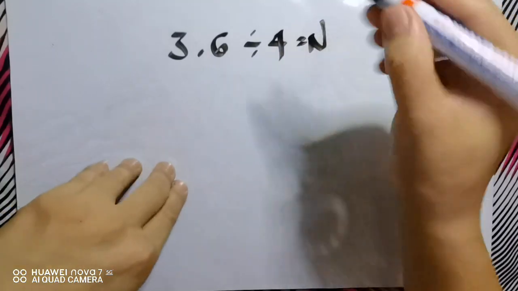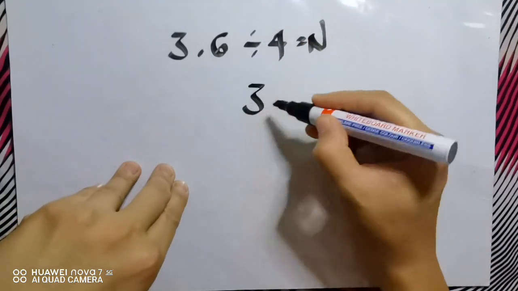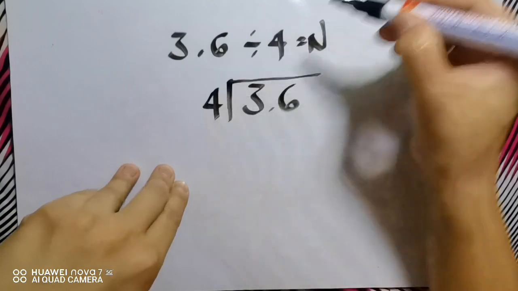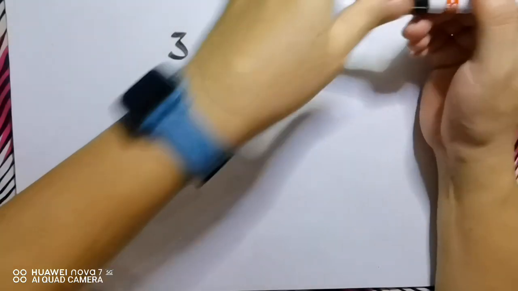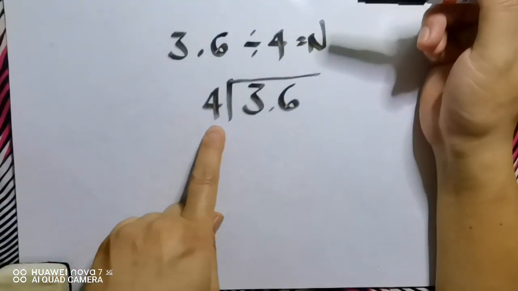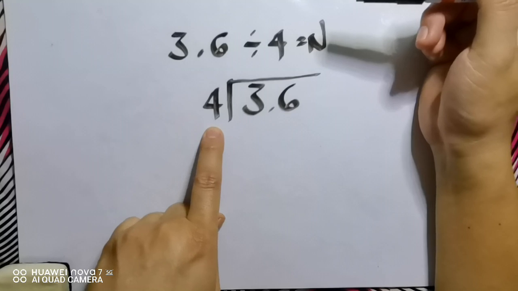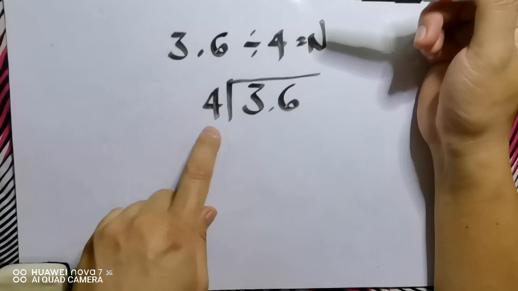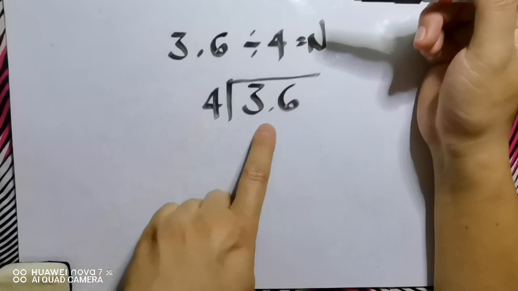So, ganun pa rin. Okay lang yan. So, 3 and 6/10 divided by 4. Ang gagawin mo? Mag-move ka lang ng decimal point dito kung ang number mo dito ay meron ding decimal point. Kapag walang decimal point dito, huwag kang mag-move dyan.